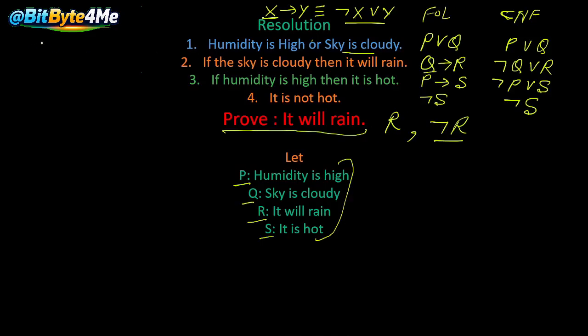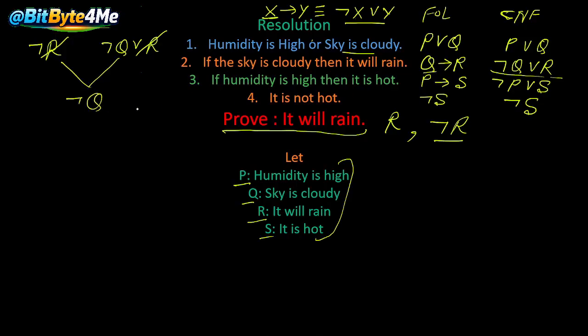Start from not R and couple this with a statement which has the reverse of this, so we find a statement which contains R. The second statement contains R: not Q or R. If we combine these two statements, R and not R cancel out and we are left with not Q.